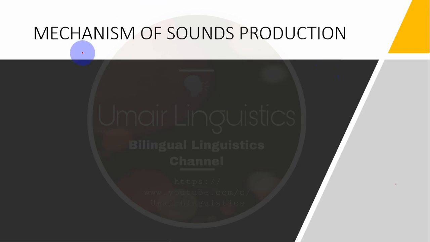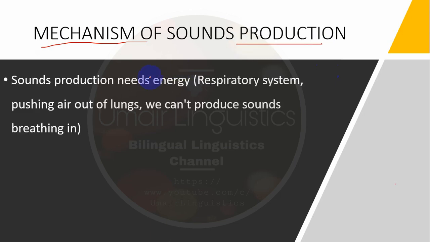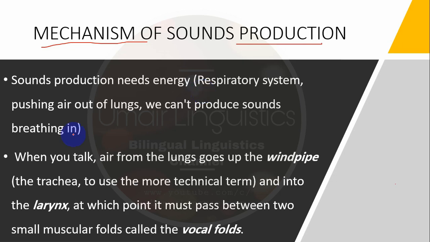Now we are going to look at the mechanism of sound production. Sound production first of all needs energy, and all the energy comes from our respiratory system when we push air out of the lungs. Without pushing air out of the lungs we can't produce sounds, as I have mentioned that while breathing in we can't produce sounds.